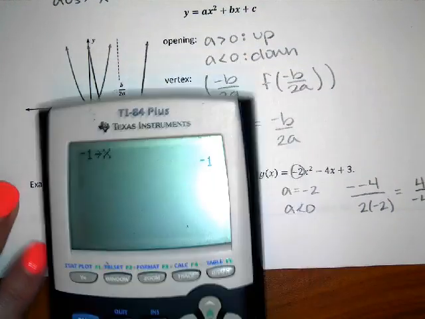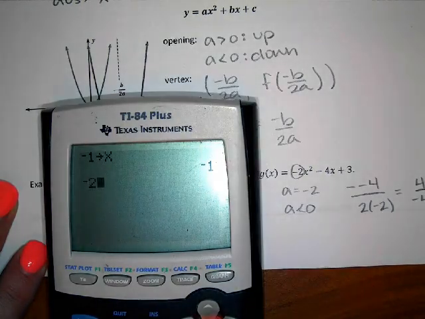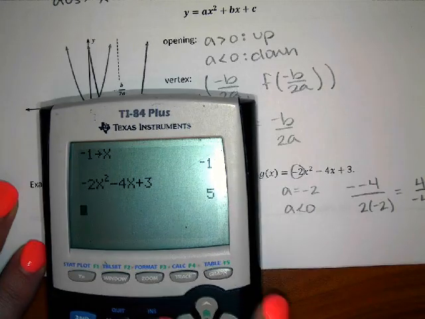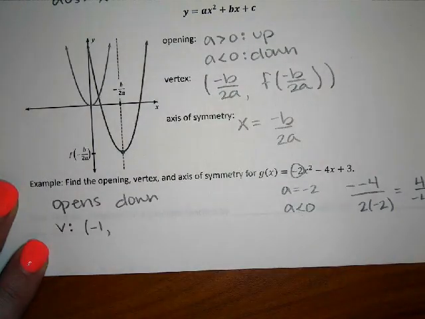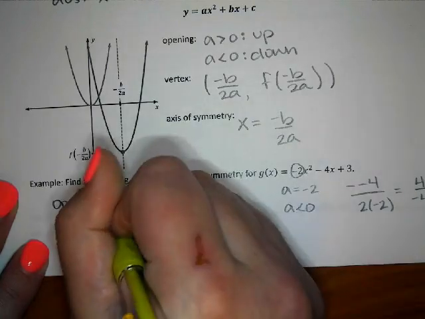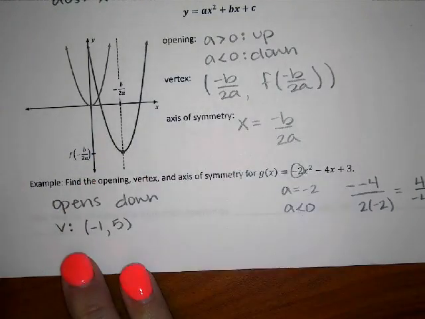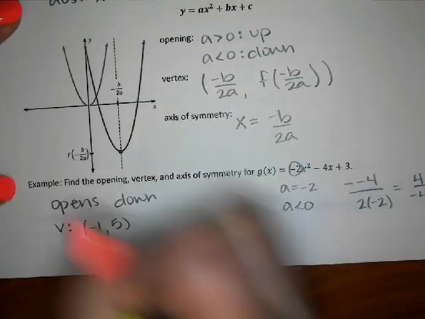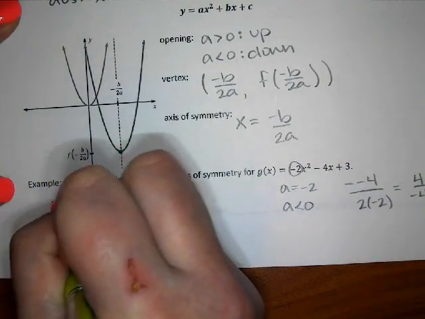So negative 2x squared minus 4x plus 3. It plugged it in for me and it got 5. And then our axis of symmetry goes through the vertex, so that's x equals negative 1.